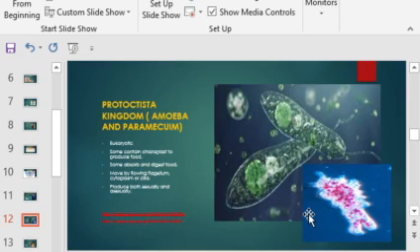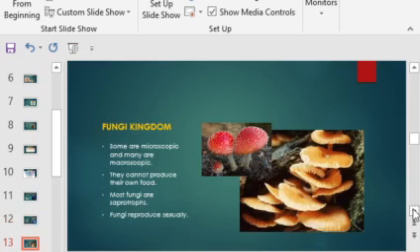We move on to the fungi kingdom, which some are microscopic and some are macroscopic. They cannot produce their own food. So unlike the organisms of the plant kingdom, they don't have that ability.